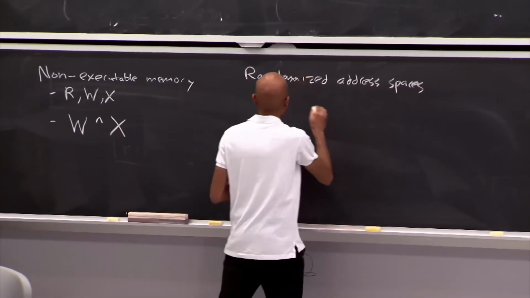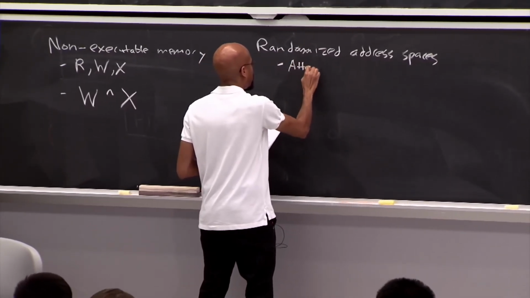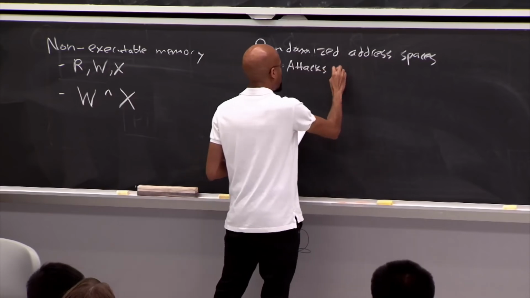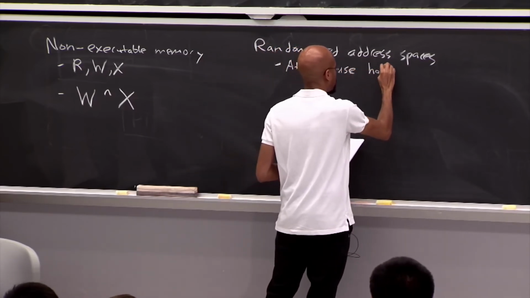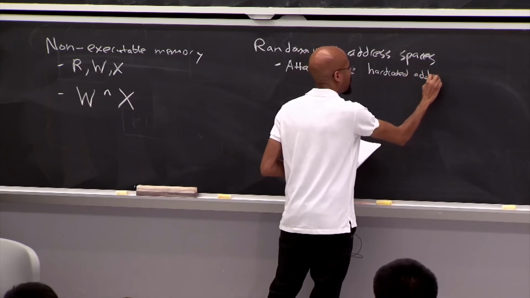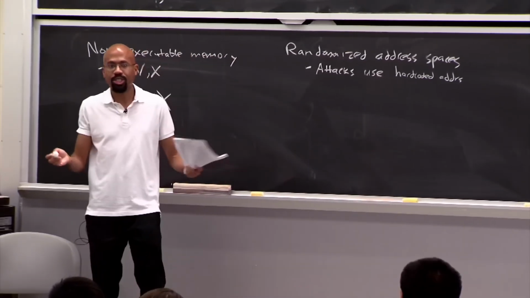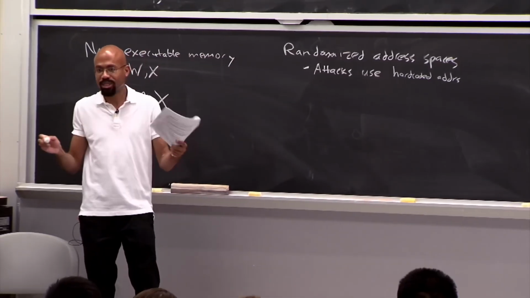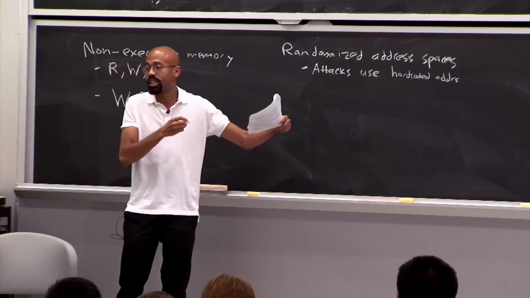And so the observation here is that a lot of the attacks that we've discussed so far use hard-coded addresses. Right? And so if you think about a lot of the attacks that you've been working on in your lab, how does that work? You open up the program in GDB, you find out the location of some things, then you create some shell code that actually has some hard-coded addresses in there.